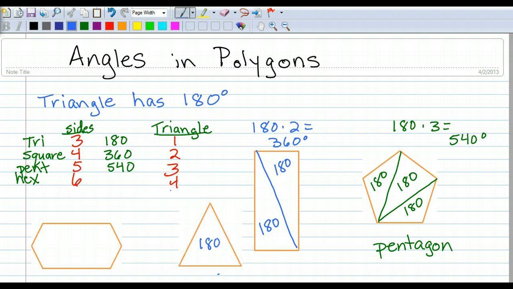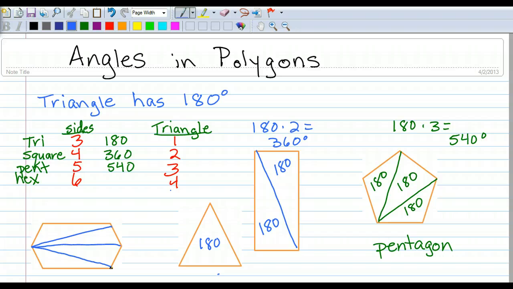Let's see. All right, I've moved my triangle out of the way. So here I have a hexagon. 1, 2, 3, 4, 5, 6 sides. Let's see how many triangles we can make. How about if we start right here in the middle? I'm going to go from here to here. There's one triangle. From this vertex to that vertex, there's 2 triangles. And from this vertex, notice I always start at the same vertex. Well, that was not a very straight line, but let's try that again. There we go.